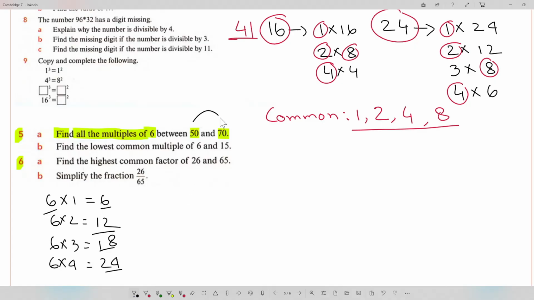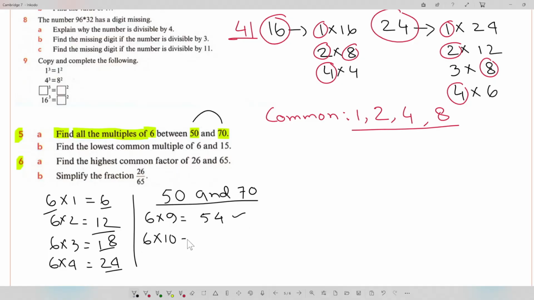But here it's mentioned, find out 50 to 70. So in between 50 and 70. So we know 6 times 9 is 54. So this is one. 6 times 10 is 60. This is also. 6 times 11 is 66. This is also.